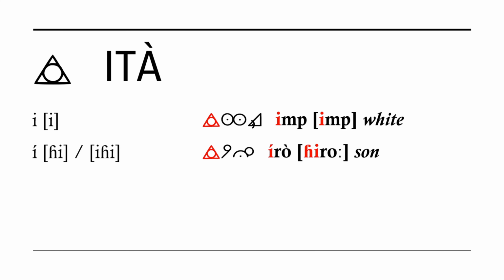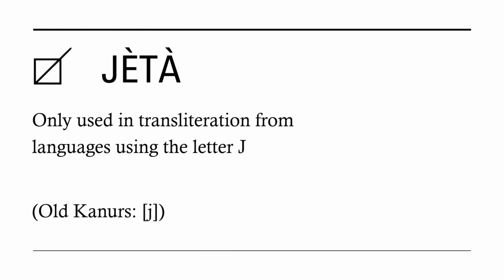Ita can be pronounced either I, He, or Ihi, as in Imp or Hero. Jeta is no longer used in Kanurs, however still usable in transliterations.